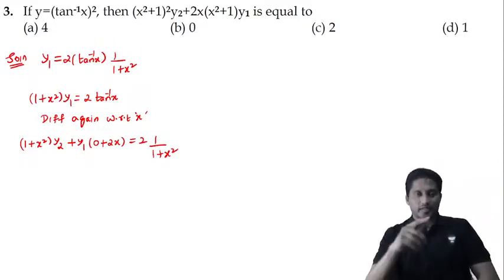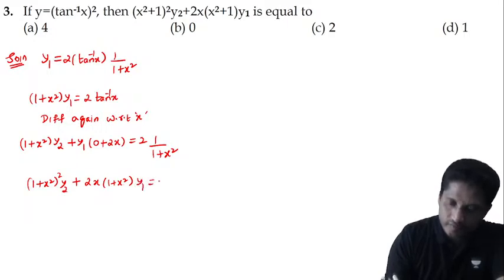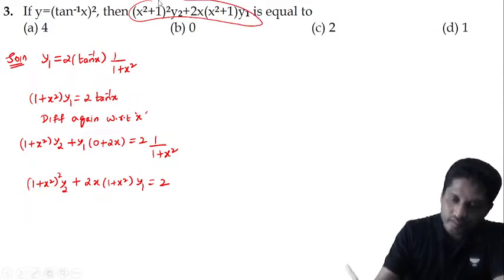Now I'm going to cross multiply. You will get 1 plus x square the whole square into y2 plus 2x into 1 plus x square into y1 is equal to 2. So this entire value is equal to 2. Answer is option C.